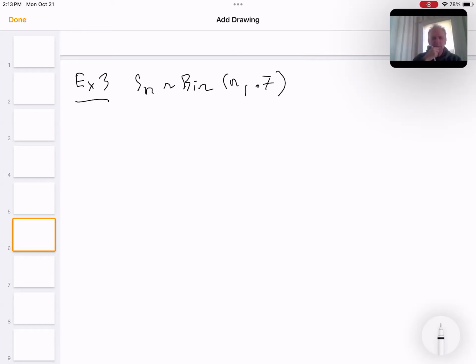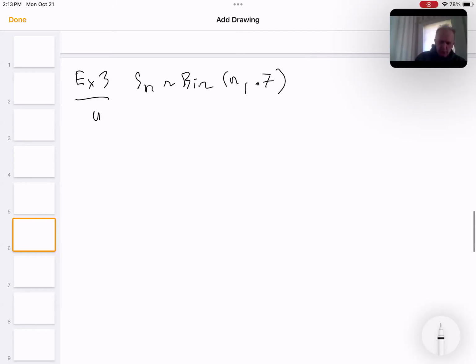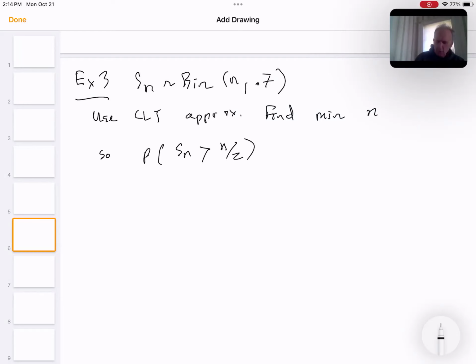I actually have the problem here. So using the normal approximation, let me write it down. Use CLT approximation. Find minimum n. So the probability Sn greater than n over 2, because I know this has to get big, because it should approach 0.7n.